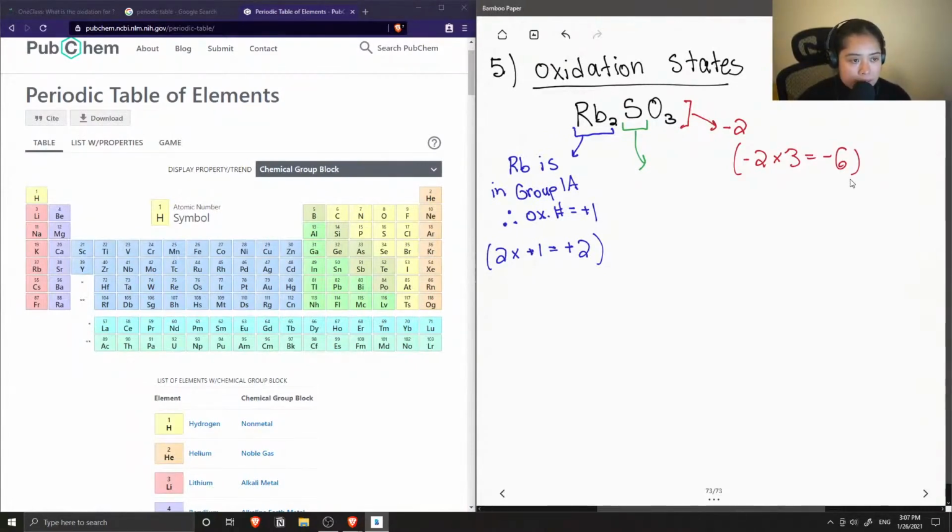So if we look at our compound, we'll see that it is a neutral compound. So that means sulfur needs to be an oxidation state that is able to neutralize the -6 plus 2, so -4. So therefore, sulfur needs to have an oxidation state of +4.